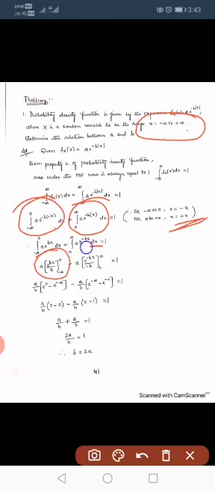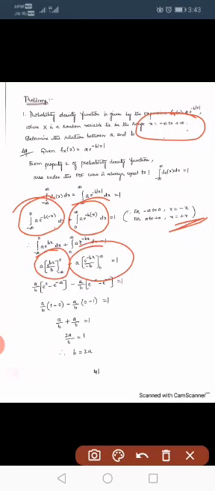So split the integral into two parts, minus infinity to 0 and 0 to infinity. From minus infinity to 0, let x be a negative value, and for 0 to infinity, let x be a positive value. Now after substitution, we get this one and this one.